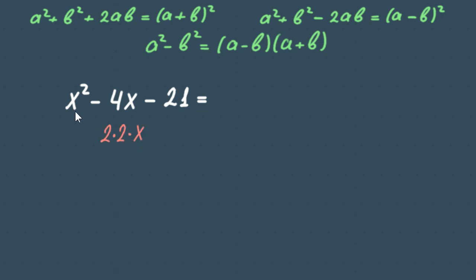Taking into account the x in the square and the minus sign, this expression is very similar to this part of the formula. Here I just missed the 2 raised to the second power. And to get 2 to the second power, or 4, I subtract not 21 but 25.